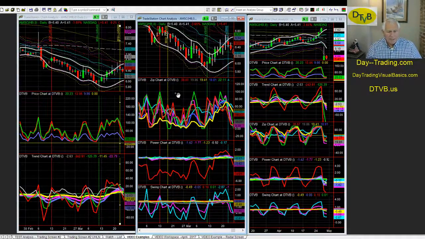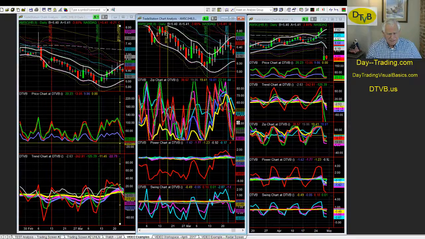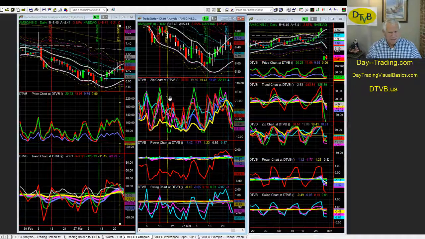And so next day that one goes down. Now, in this example, you don't see it too often, but zip yellow is actually going down, but it is under 50. The requirement with zip yellow and zip blue, or I shouldn't say requirement, in a way they're position indicators.